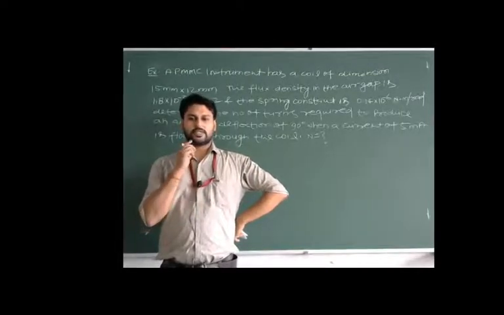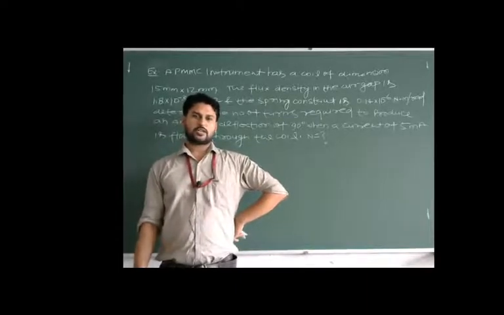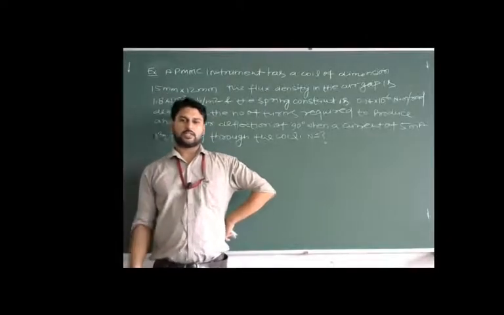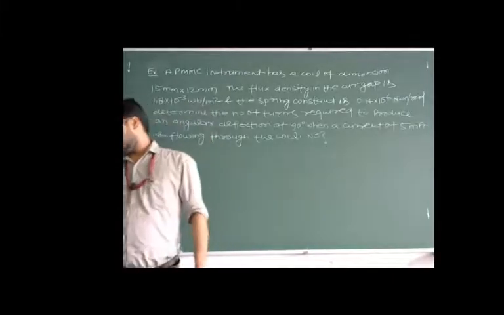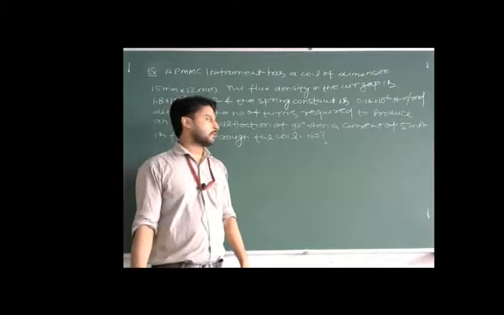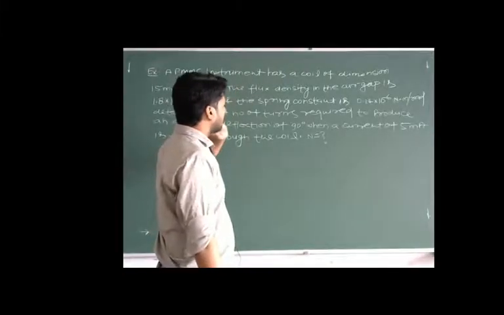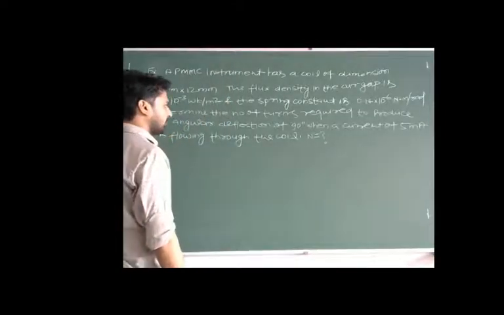So at the steady state position, the deflecting torque and the controlling torque should be equal to each other. In this case, first we have to calculate the deflecting torque.